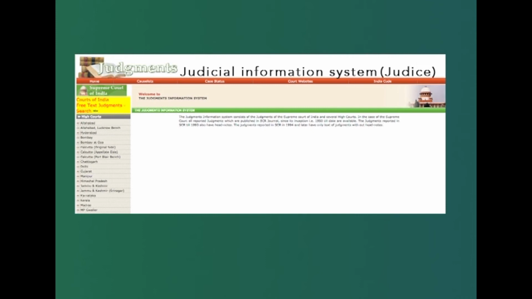This particular system consists of the judgments of the Supreme Court of India and also of several high courts, and Supreme Court cases which are published in the SCR journal since its inception in 1950 till date are available on this website.